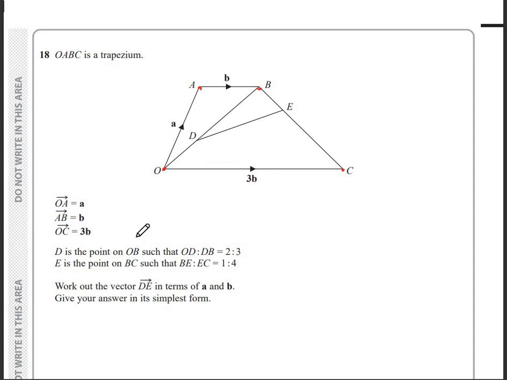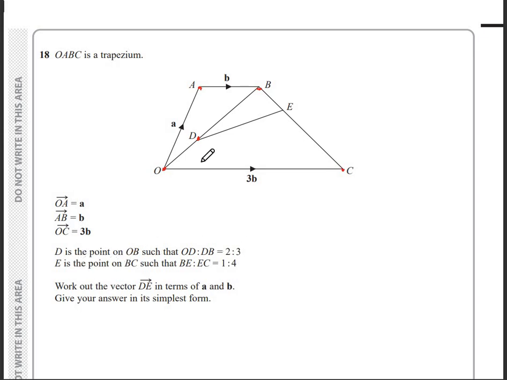D is the point on OB, here we have D. And here we have another line OB, and D is a point on OB such that OD to DB equals 2 to 3.